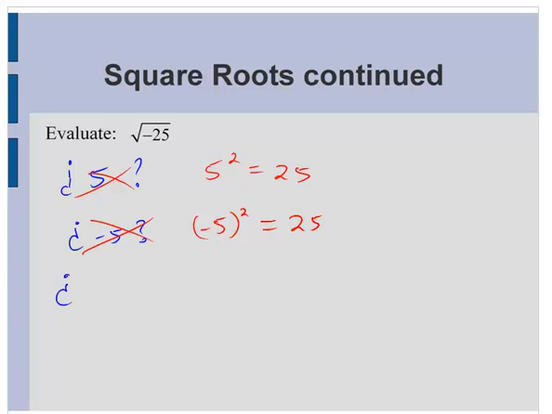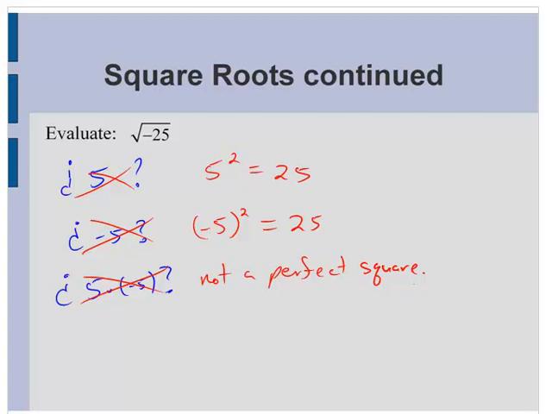Well, what about 5 times negative 5? Can we do that? Well, that's not a perfect square. You're not multiplying the same number by itself. So what's the square root of negative 25?